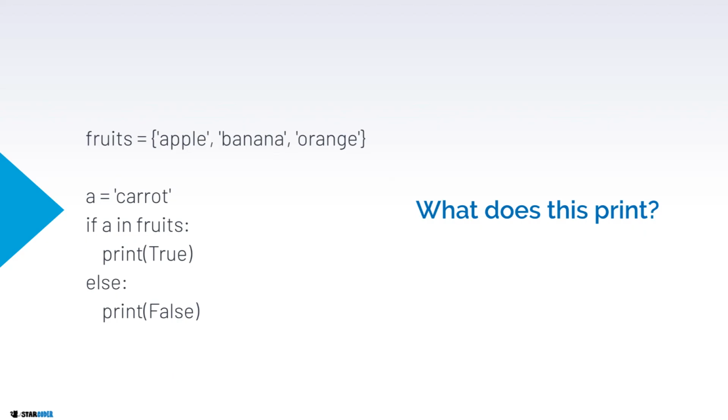What about this one? Okay, so again, fruits is going to be a set, and we're going to set the value of A as the string carrot. So we're going to go if A is in fruits, we print true. And since this string is not in this set, we're going to go and print false.